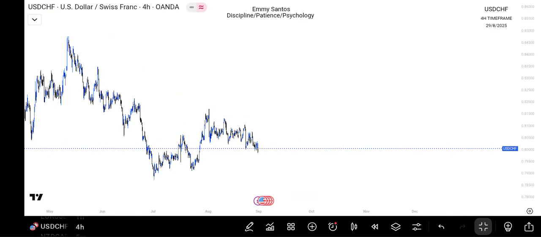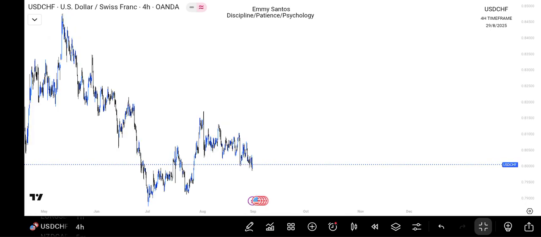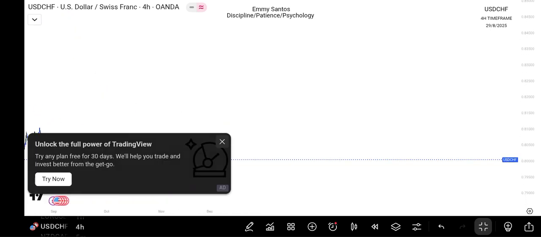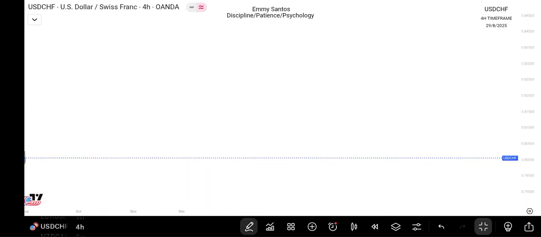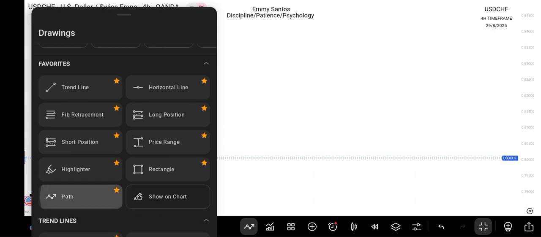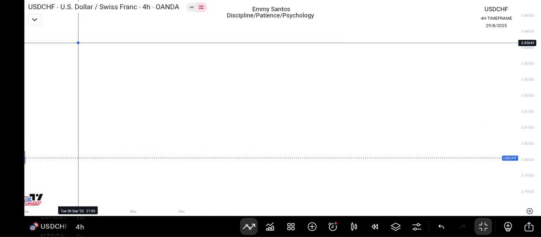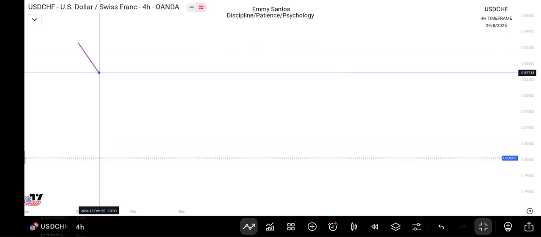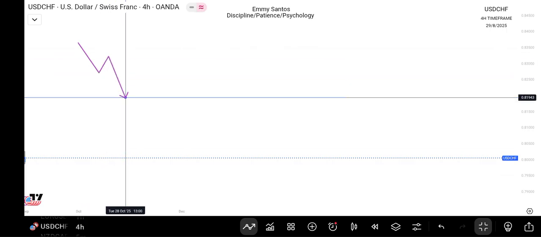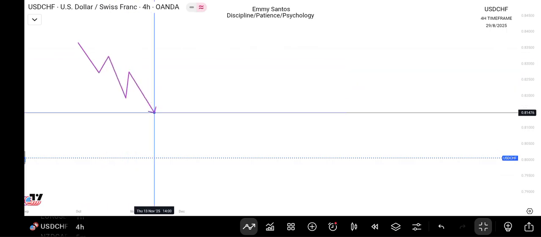Okay, let me give an illustration. Since we are in a downtrend, you see lower low, lower high, lower low, lower high, lower low.